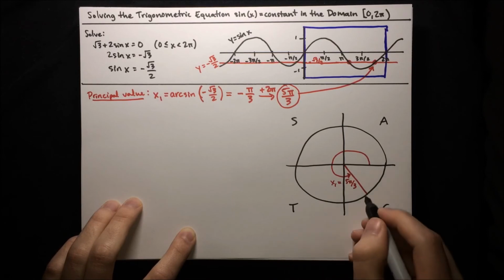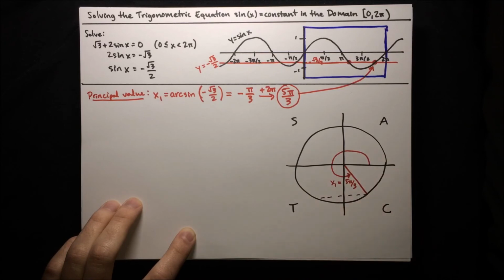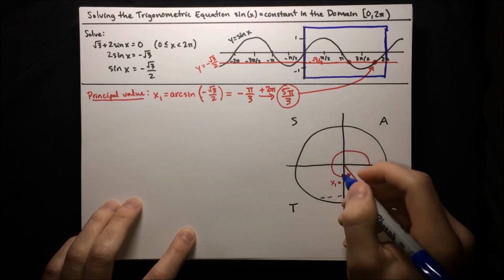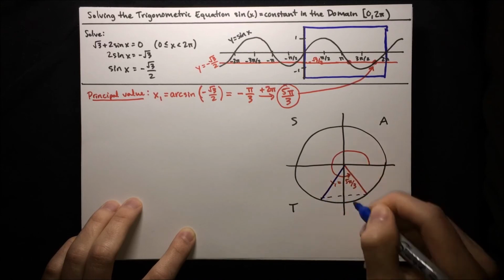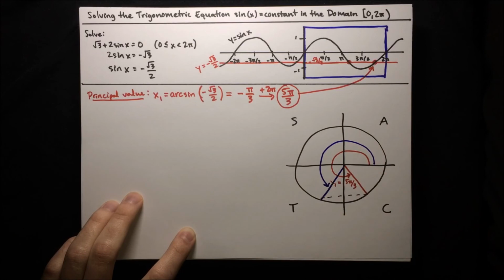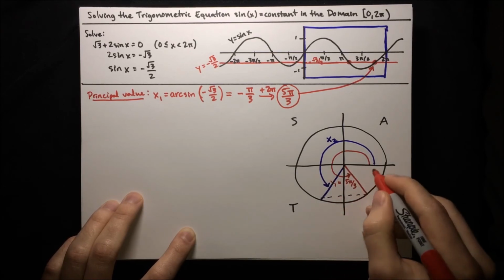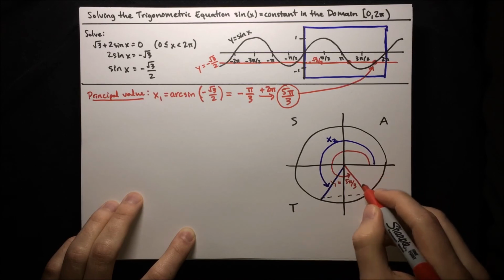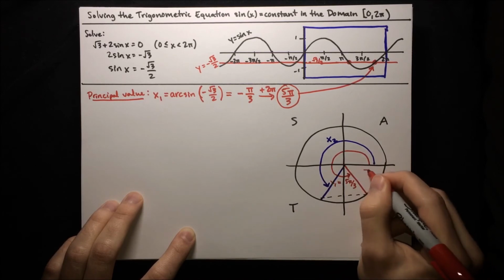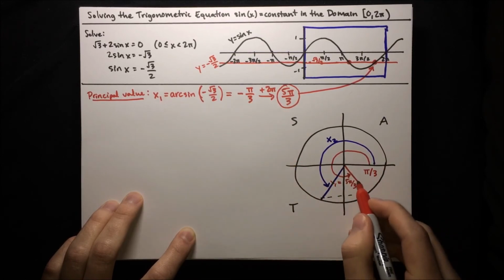You can also think that we want something with the same y value, because y represents sine in the unit circle. So let's go ahead and draw that angle. We're looking for this angle here. So we want the angle that goes around to here. That'll be our x2. And in order to find that out, we can make use of reference angles here. The reference angle, well, the angle between here is just pi over 3. You can also think we had negative pi over 3 initially, so this is like going backwards pi over 3.